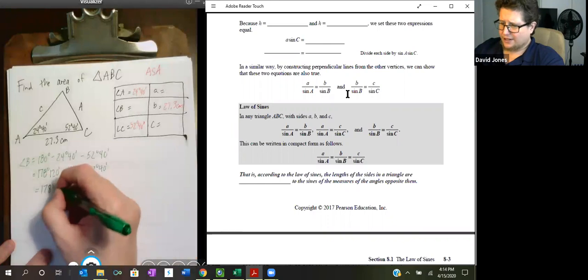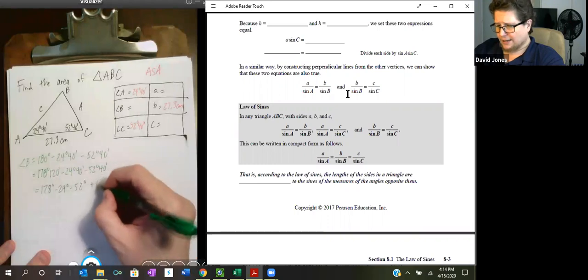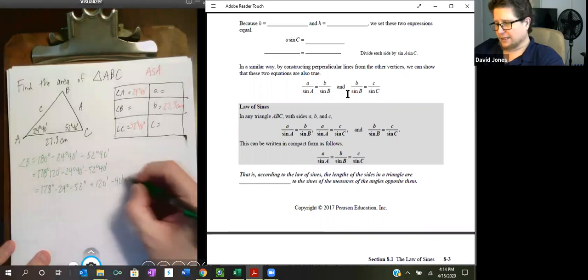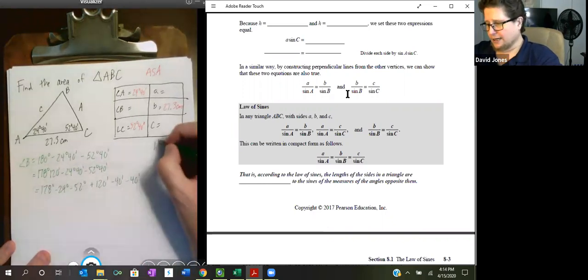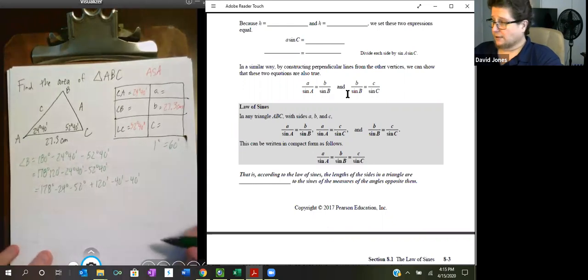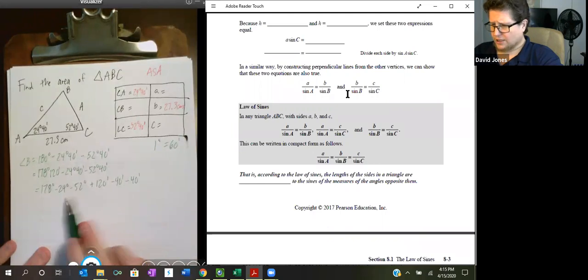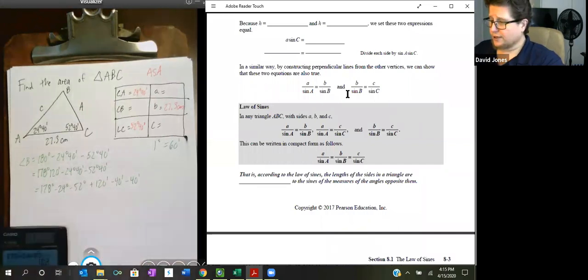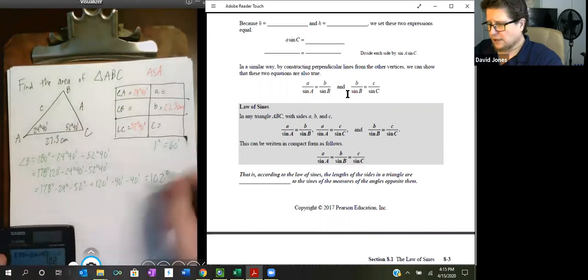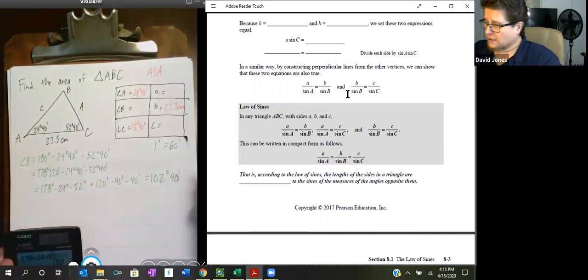So I've got 178 degrees minus 24 degrees minus 52 degrees plus 120 minutes minus 40 minutes minus 40 minutes. This 120 is positive. Remember, 1 degree equals 60 minutes. 178 minus 24 minus 52 is 102 degrees. 120 minus 40 minus 40 is 40. So that's angle B.